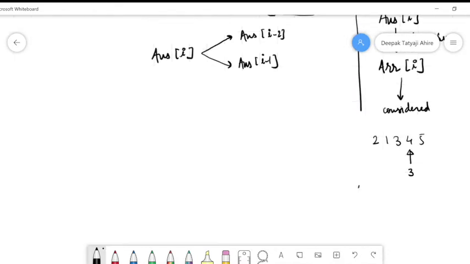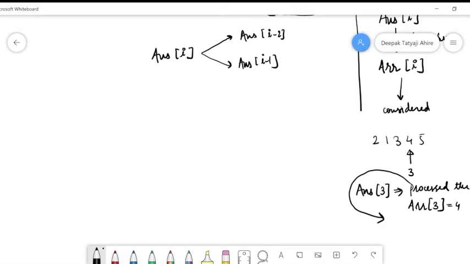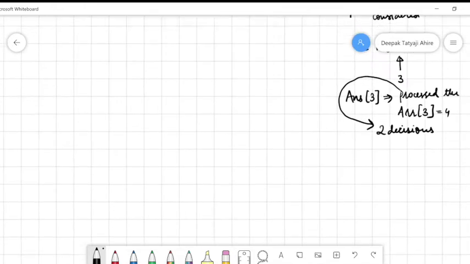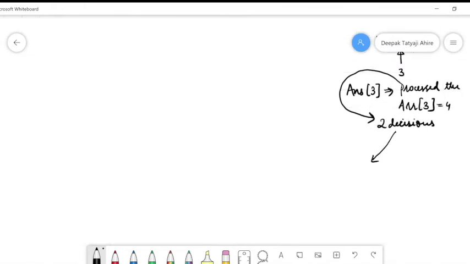So while calculating the answer for ANS of 3, what I made sure is I processed the ARR of 3, which is 4, and by processing I mean I had to make two decisions on it, which were whether I could take it or whether I could reject it.